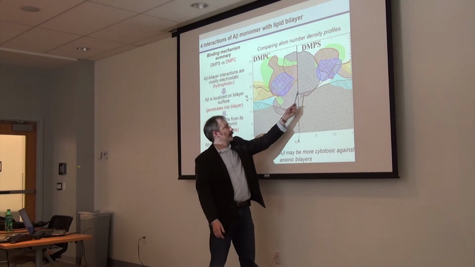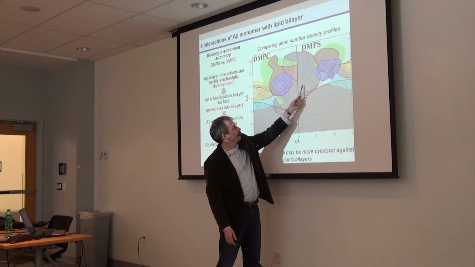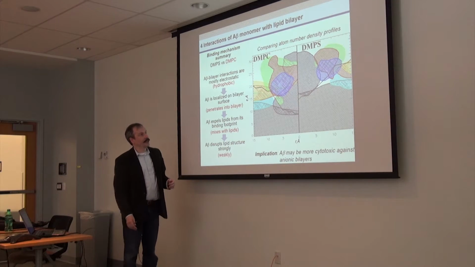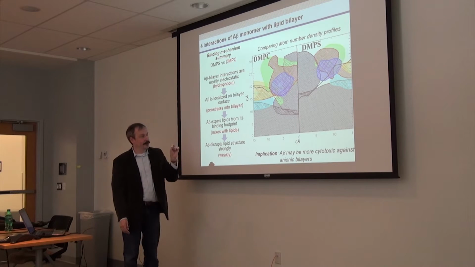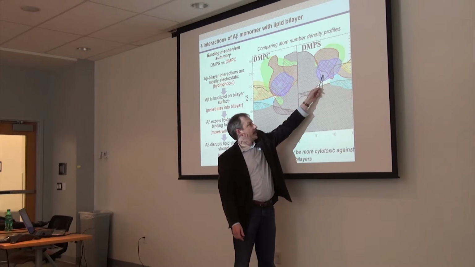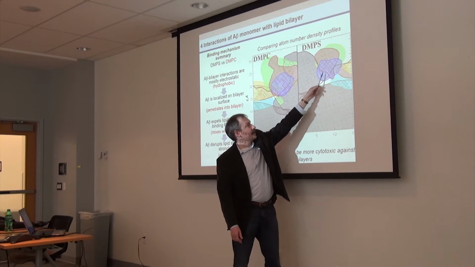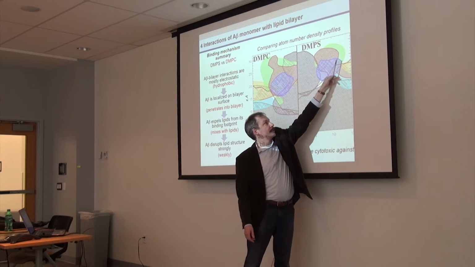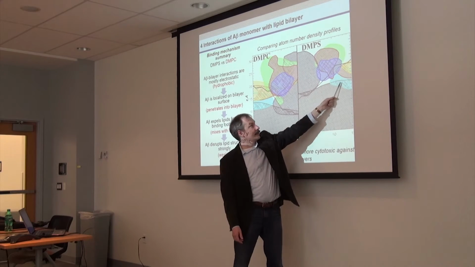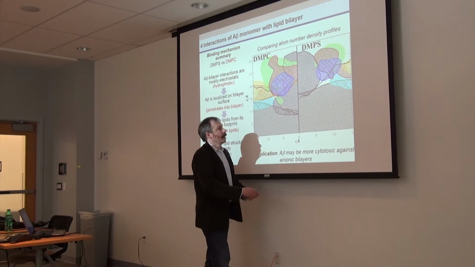For example, this shaded area in purple corresponds to the location of hydrophobic amino acids. This one to the positively charged amino acids. This is the negatively charged amino acids. This is the polar amino acids. This is the fatty acid tails, glycerol, head groups, and so on.